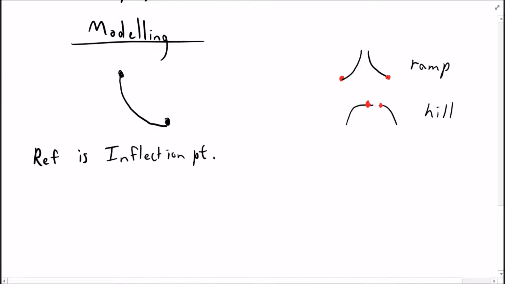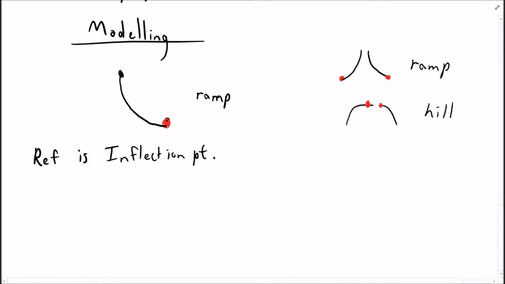Now for this one, what does that look more like? Does that look more like a ramp or more like a hill? I think it looks more like a ramp. So our reference point would be this bottom one. So I would make the bottom one the inflection point.